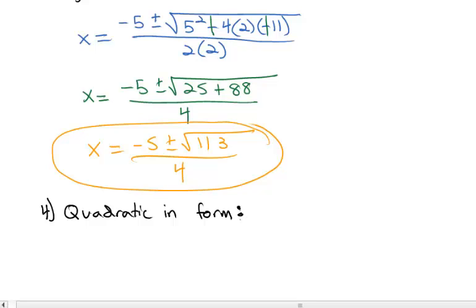So if you've been spacing out up to this point because it feels like review, time to wake up. This is the important new stuff that builds on this review. We're going to have stuff that's quadratic in form, and the trick is we want you to see the stuff as the variable.